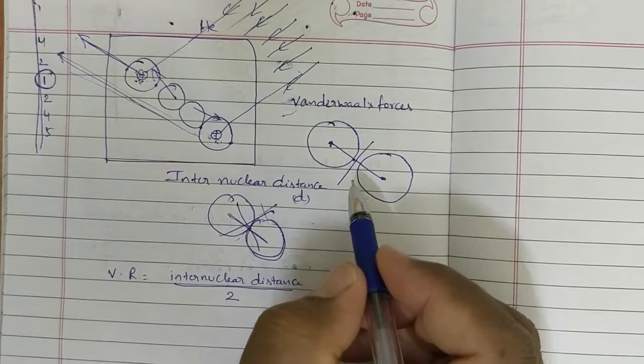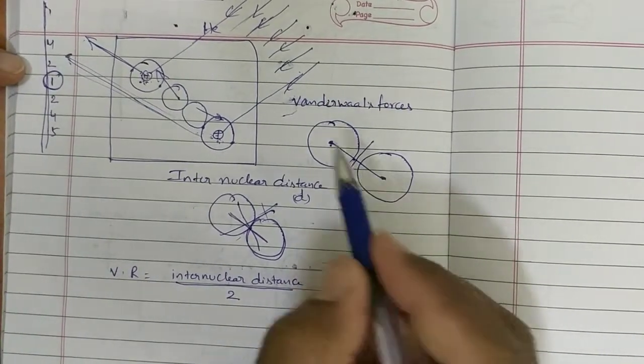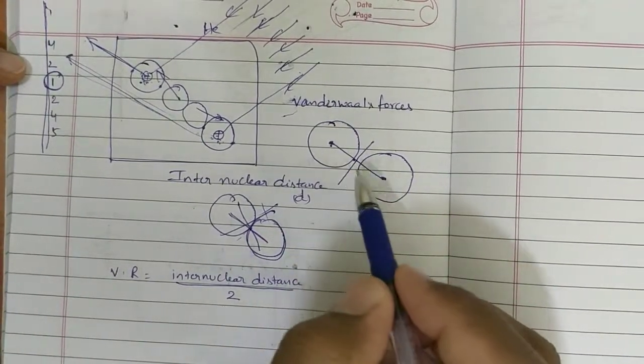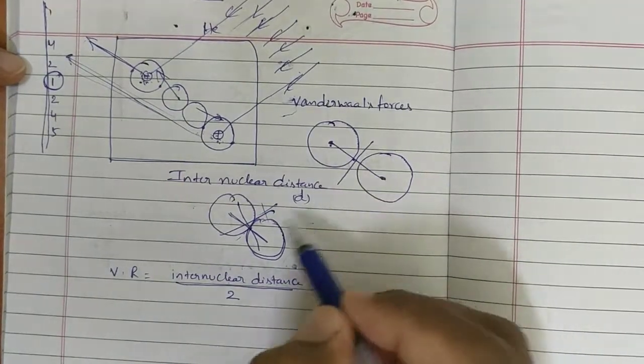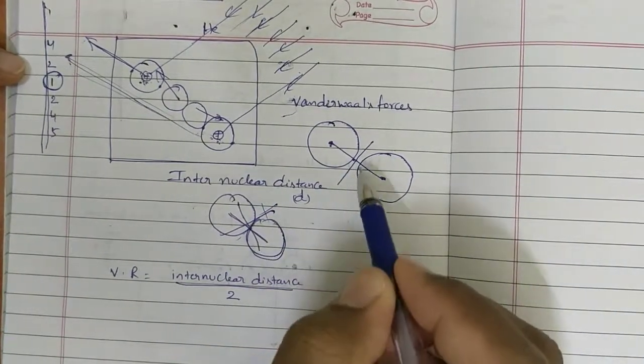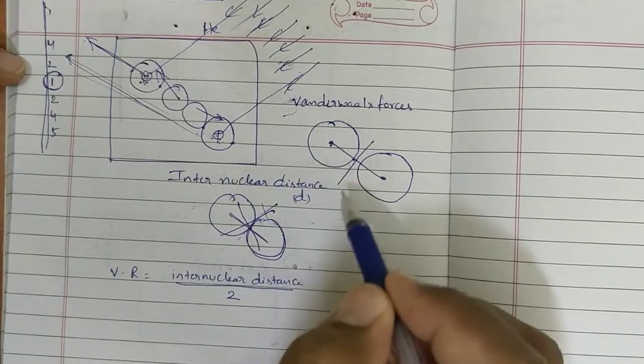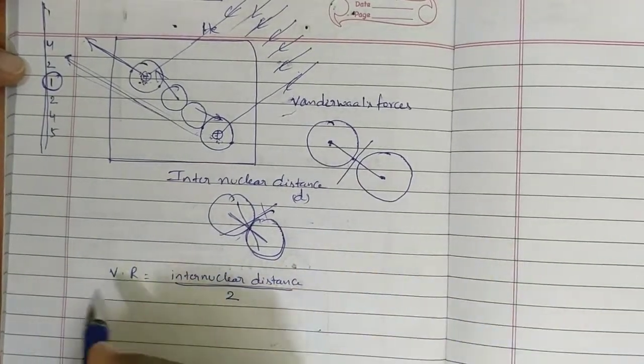Is it correct or not? Because the collision time is very small. Till now I explained that only. We cannot recognize the collision time exactly. That's why this is considered as the minimum distance, and half of that internuclear distance is called van der Waals radius.